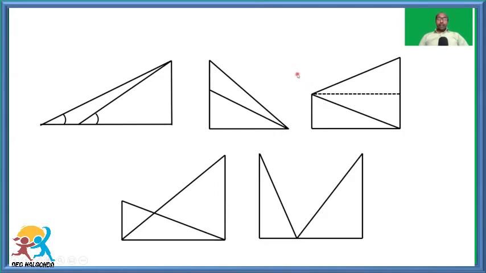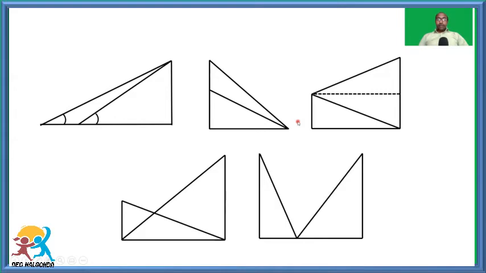The point to identify in all these figures is that in every two triangles, there is a common side. For example, in these two triangles, this side is common. In these two triangles, the base is common. In these two triangles, the base is common, like this.